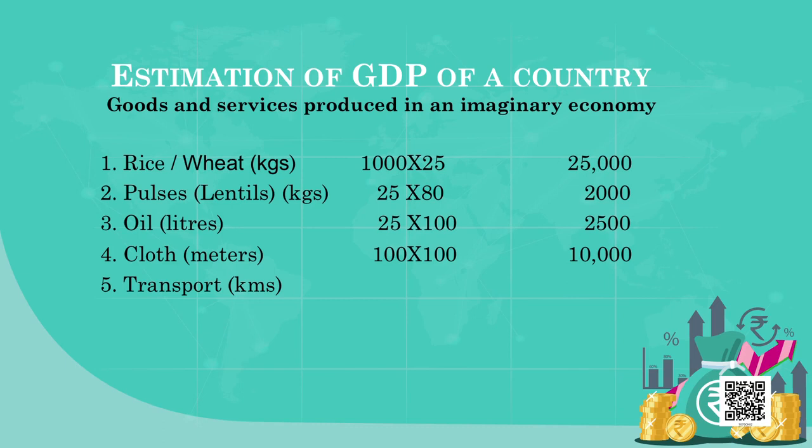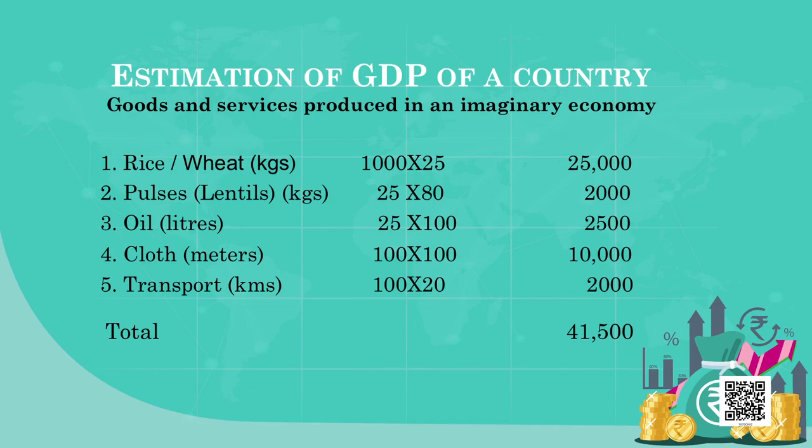How much transport do people use in that country? Say they use 100 kilometers of vehicle in total, and per kilometer they pay 20 rupees for transport charges. So that will run into 2,000 rupees. Can you estimate how much it comes to in total? 25,000 plus 2,000, 27,000, plus 2,500, 29,500, plus 10,000 and then 2,000, 41,500.